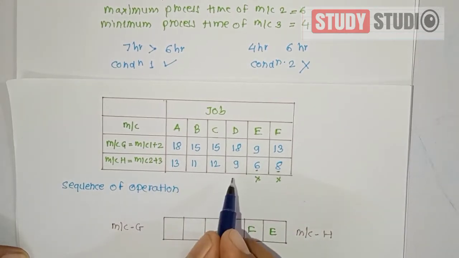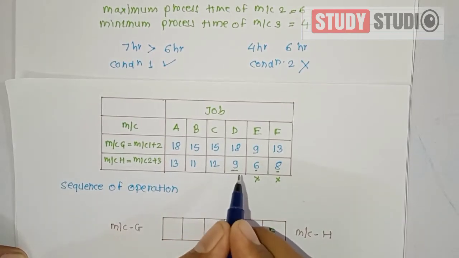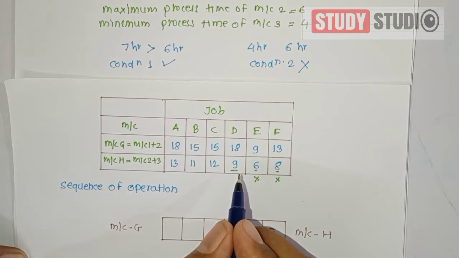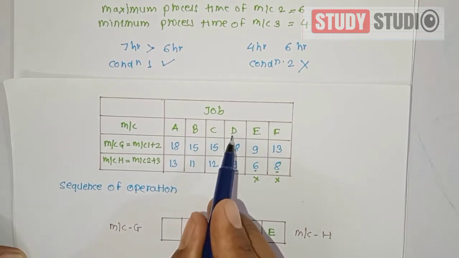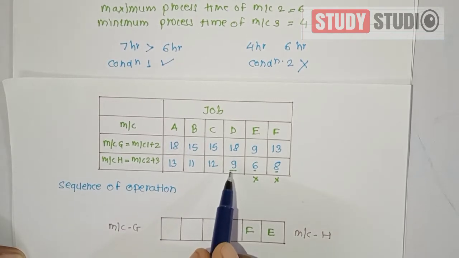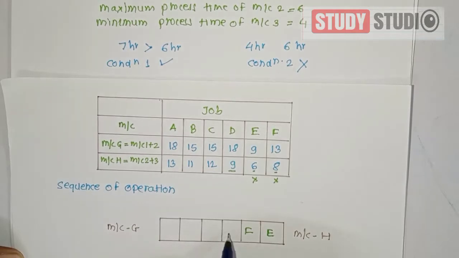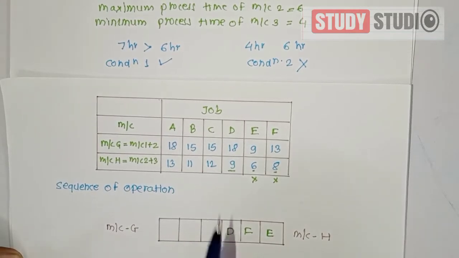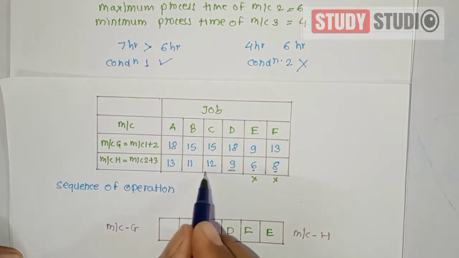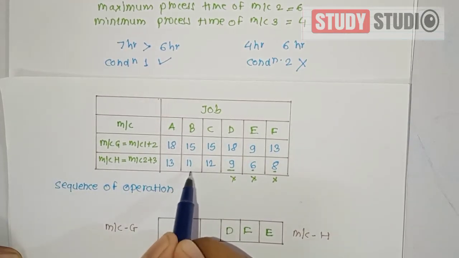Now from the remaining 4 columns, the minimum processing hours are 9 hours. So I'll write this D on the side of H, as these 9 hours are taken by job D on machine H. Then from the remaining 3 columns, the minimum processing hours are 11.